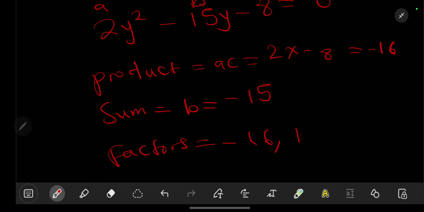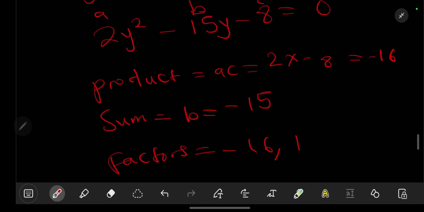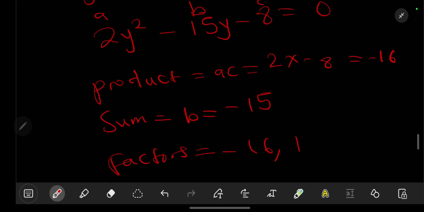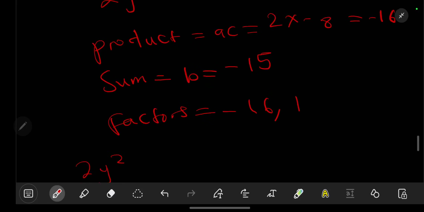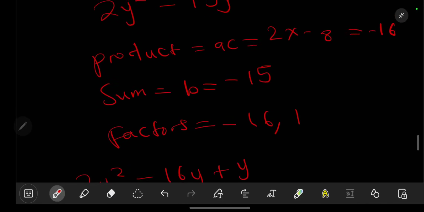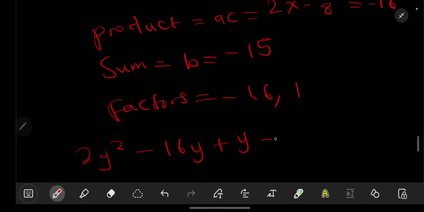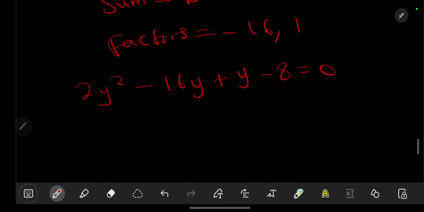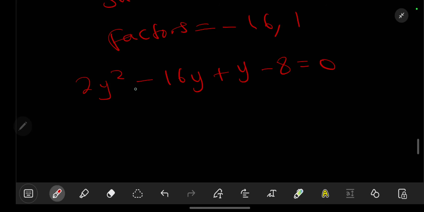If you multiply, it gives negative 16. Then what we are going to do is, we have 2y squared. Where there is this number, we are going to put this. So we have minus 16y. Then we have plus 1y will be positive. Then minus 8 should be equal to 0, like that. With that done, we are going to group them in 2 parts.